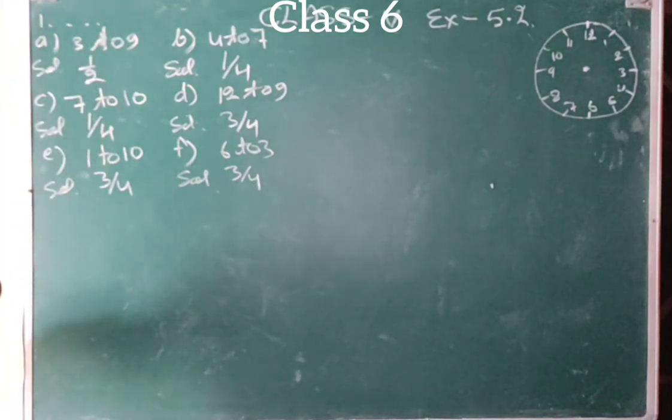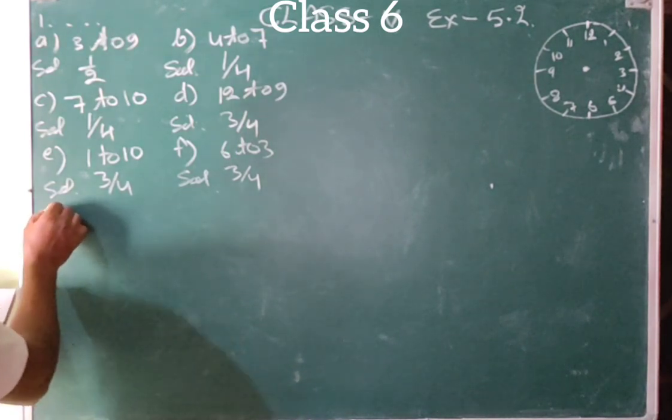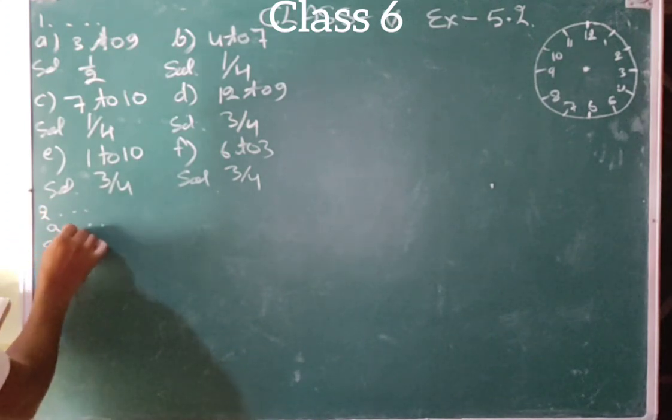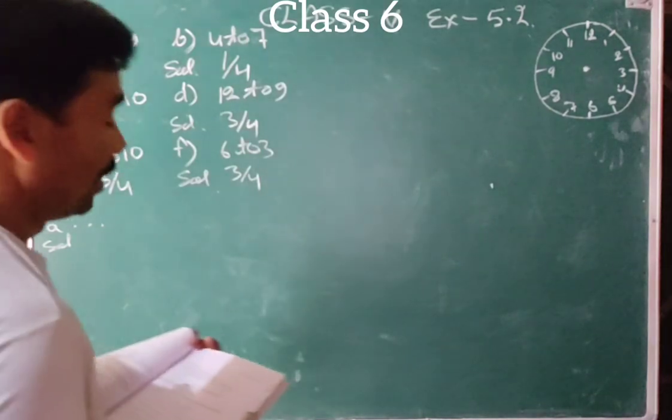Now question number two: where will the hand of a clock stop if it starts at 12 and makes half of a revolution? A part, you will write the question because the question is lengthy.